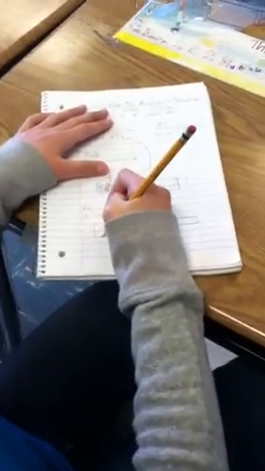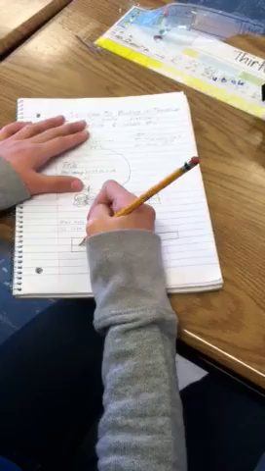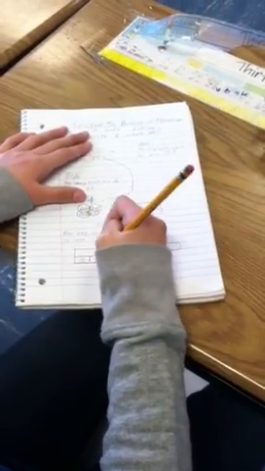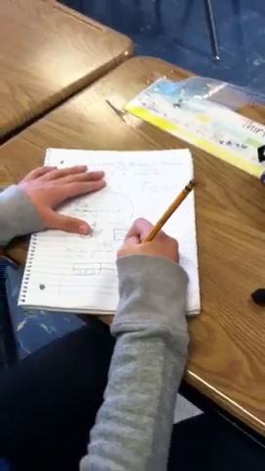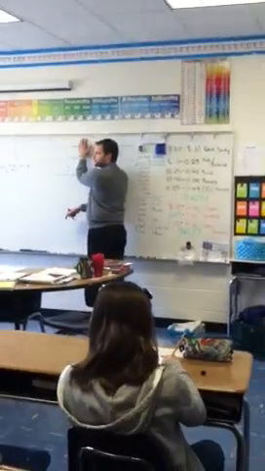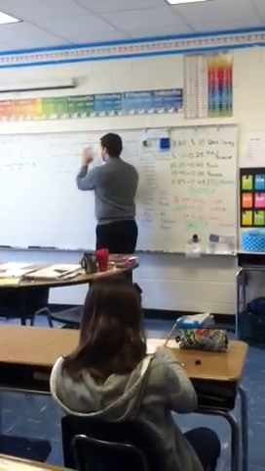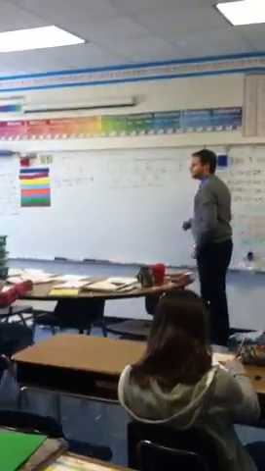Lucas, how's your picture going? How many halves are going to fit into this hole? How many halves fit in here? How many halves are going to fit here? 2. 2 more.